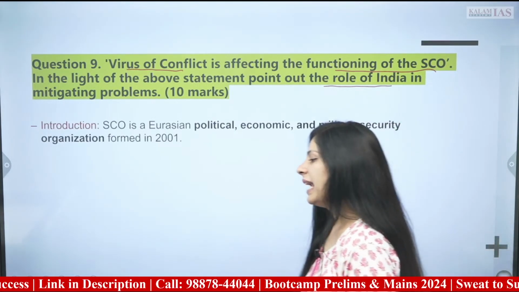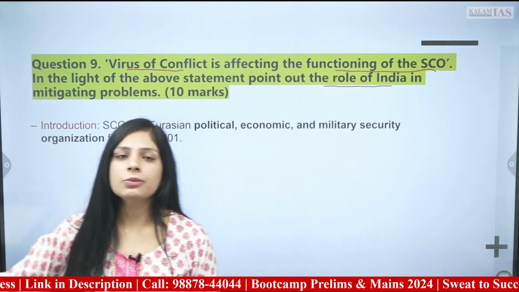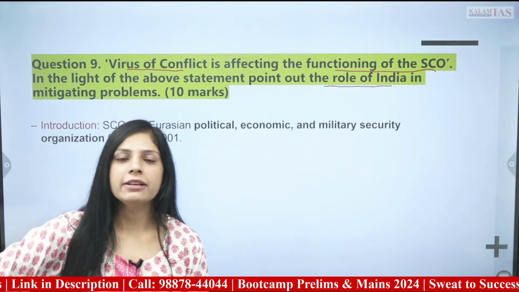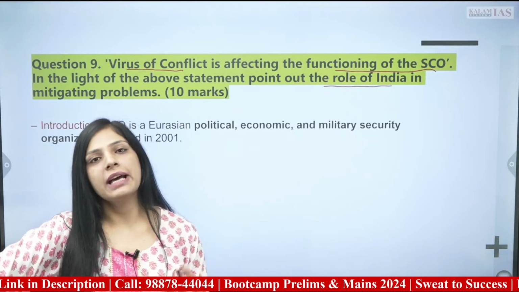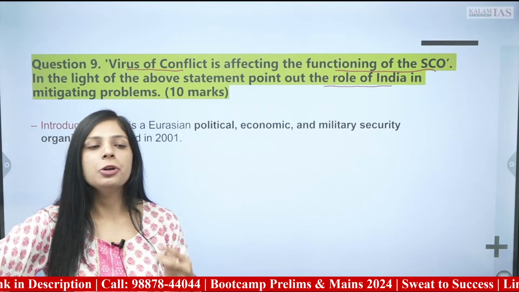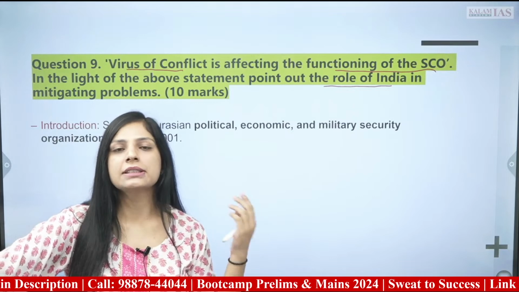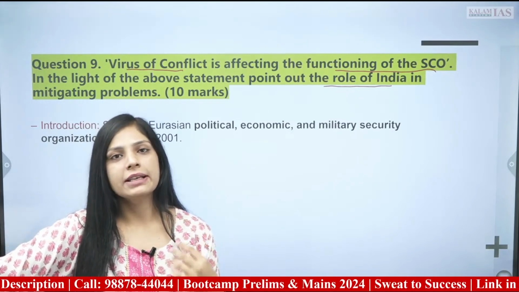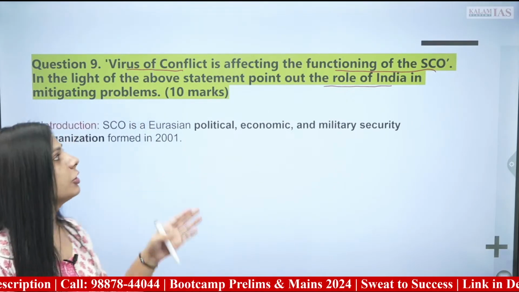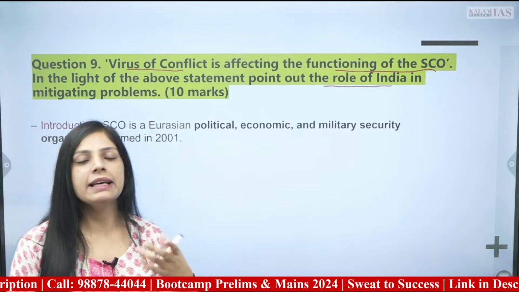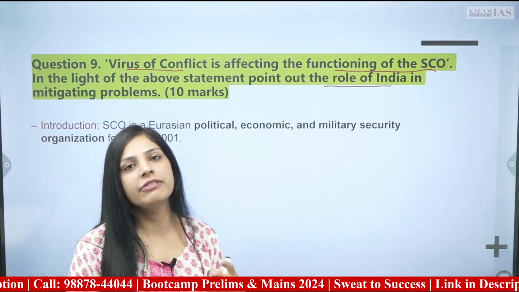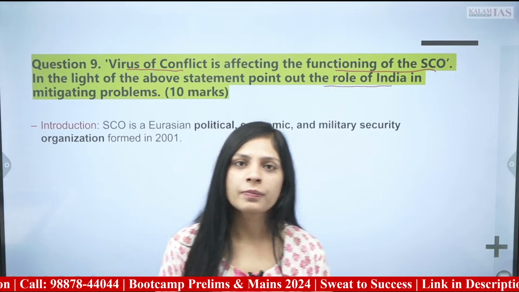See, as I said, write 1 or 2 lines about SCO, or rather restrict yourself to one line only, as it is not asking you about SCO only. You would not write who all are the members, where is its headquarters, right? You would not write all of that, because you have to make a point that there are some conflicts which are affecting the functioning of SCO, right?